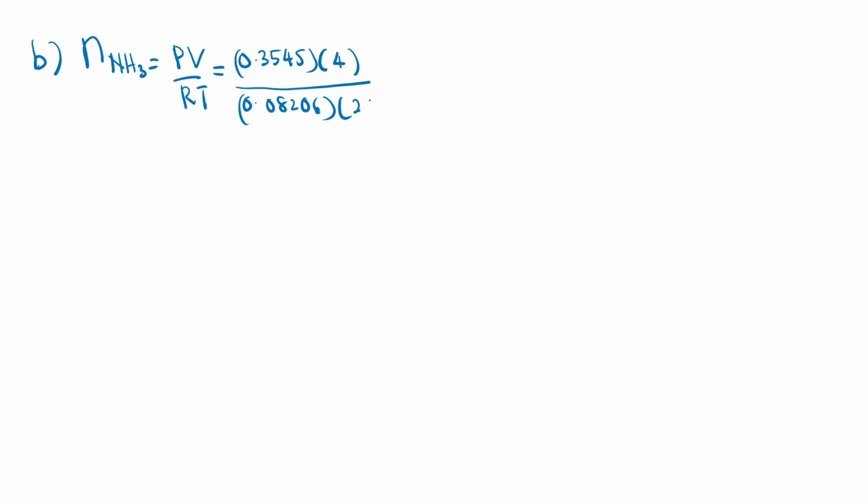So kita dapat 297 Kelvin. Okay, so calculate the number of mole. We got 0.0566 mole. Okay, so this is number of mole. Jadi kita tahu bilangan mole ammonia equal to bilangan mole H2S. Okay, jadi equal to 0.0566 mole.